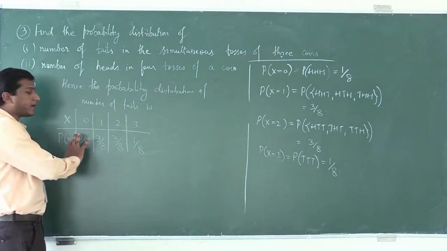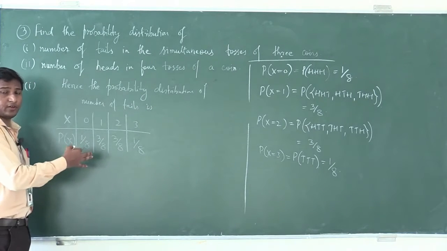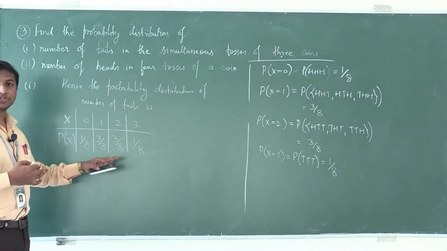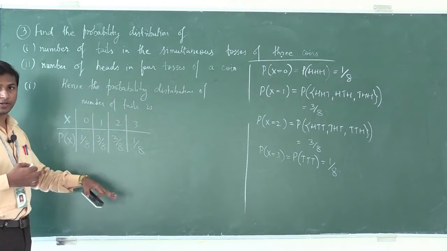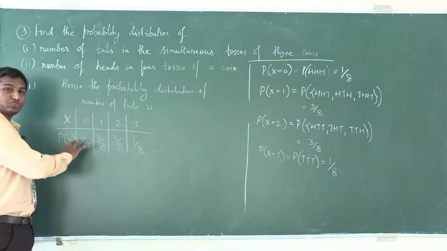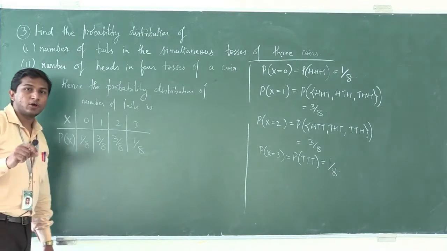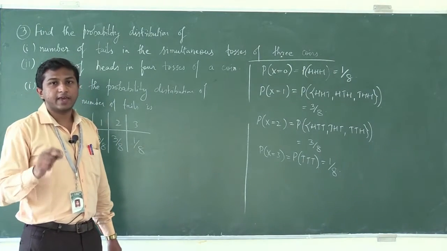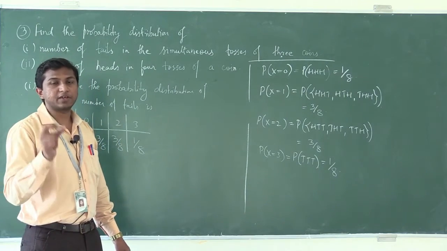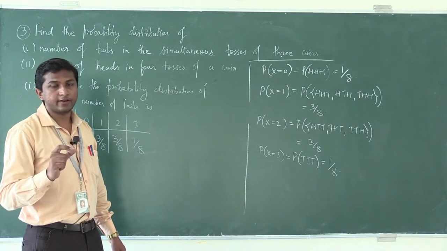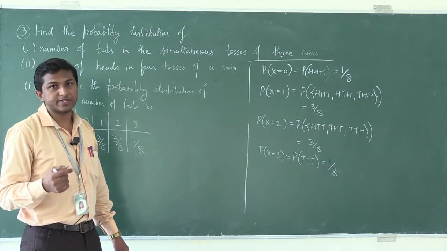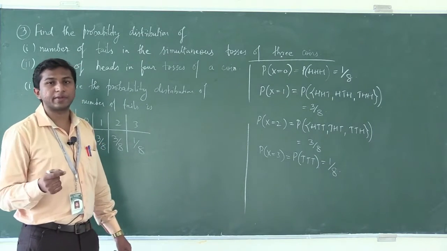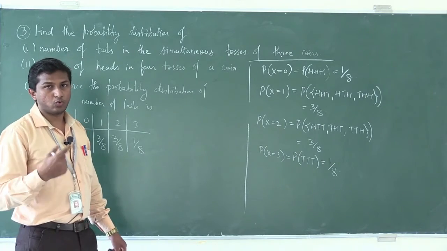Now, if we have to verify whether the probability distribution is correct or incorrect, what do we do? We have to check the 2 conditions of a probability distribution. First condition is every probability must be a number between 0 and 1. Second condition is the addition of all the probabilities must be equal to 1.